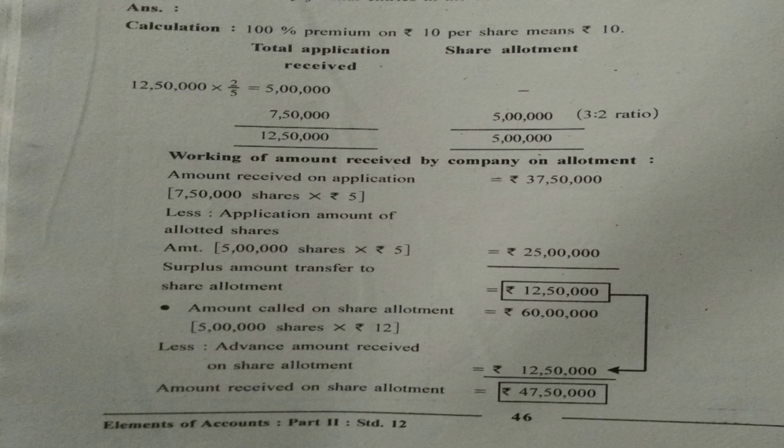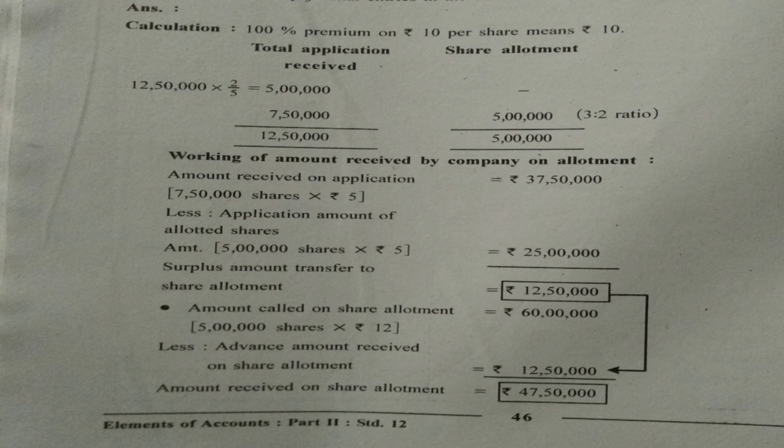Total applications received 12,50,000, 2/5 has been rejected. So 2/5 of that is 5 lakh. So 5 lakh has been rejected. So obviously shares have been allotted to remaining applicants, which is 7,50,000.